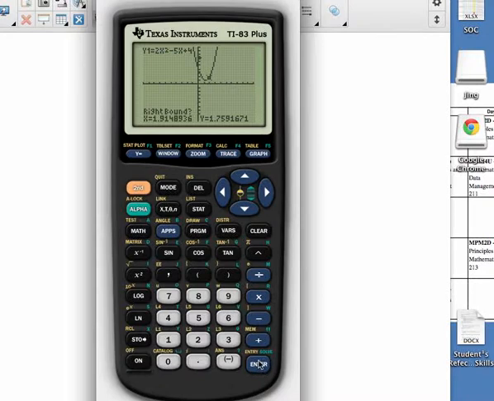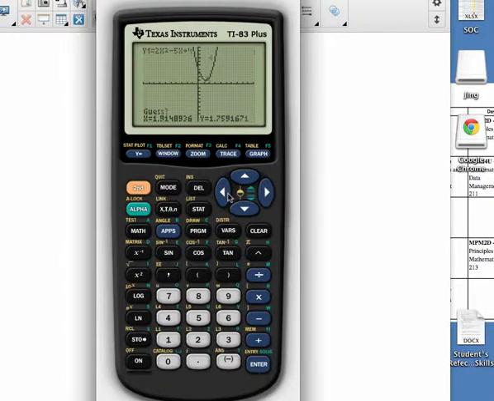And enter. Now it's going to ask me a third thing, and that's a guess. In other words, tell the calculator where I think my vertex is, or where I think the thing I'm looking for is, between the two markers that I've just created. So my cursor, I'm just going to move it anywhere. All I have to do is move it anywhere between the two, and I'm set.